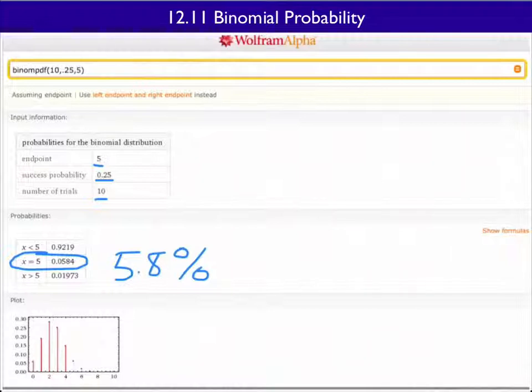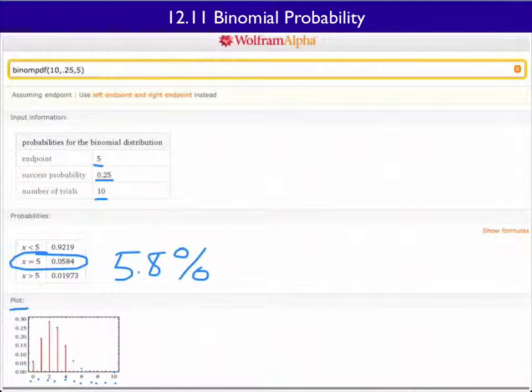Down here, the plot shows all the possibilities for 0, 1, 2, 3, 4, 5, 6, 7, 8, 9, and 10. You can see the probability of guessing all 10 correctly just drops off dramatically right there.